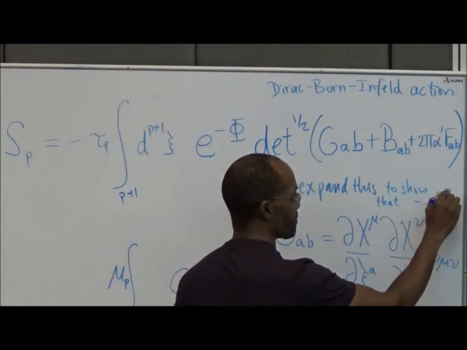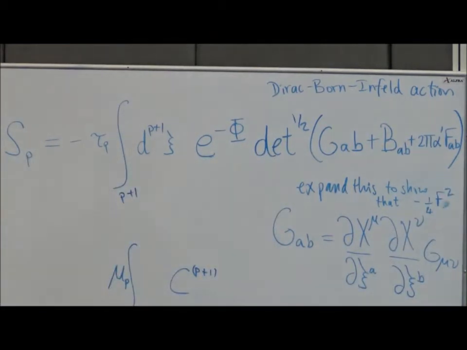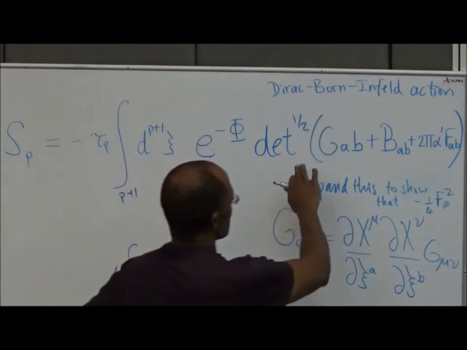Some of you may have encountered Born-Infeld because it's actually a famous example of an attempt to write down a theory of nonlinear electromagnetism. What we're seeing here is that the string theory naturally knows about that.